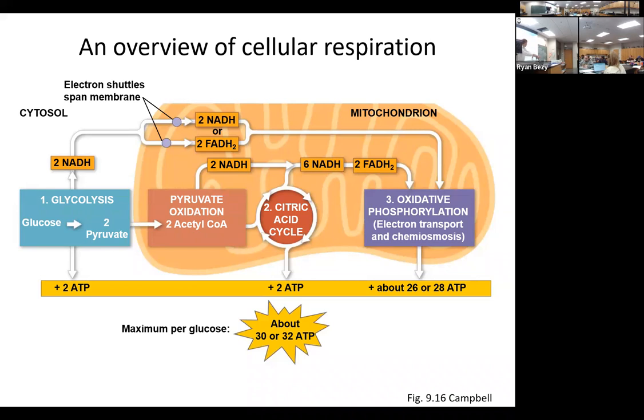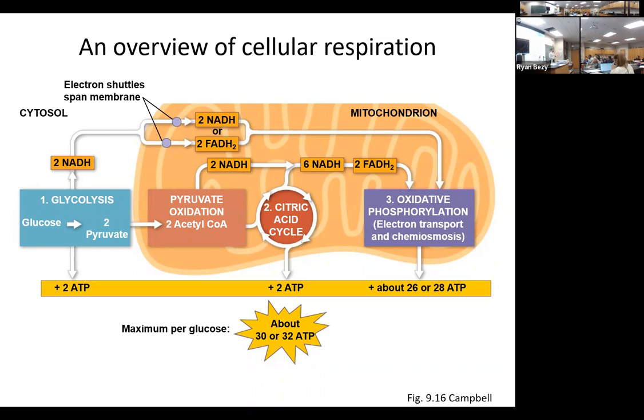So what it's going to do is it pumps protons, H+ ions, to one side of a membrane in the mitochondria. Okay, so electron transport chains make a proton gradient across a membrane, or sometimes what is called a proton motive force. And then you also have chemiosmosis as part of this process.